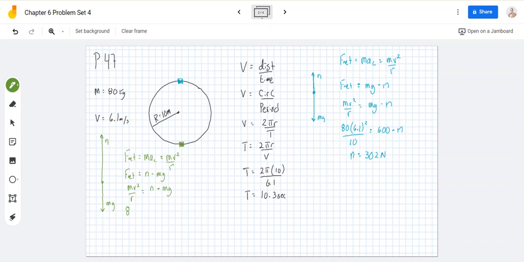So I have 80 times 6.1 squared divided by 10 is equal to normal minus 600. There you go, 898.